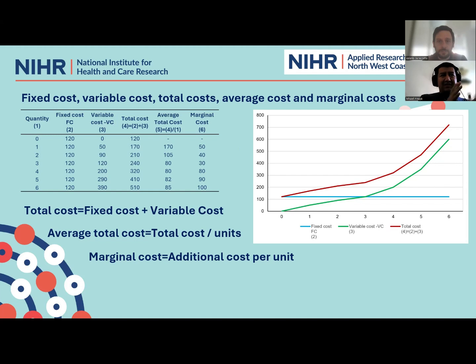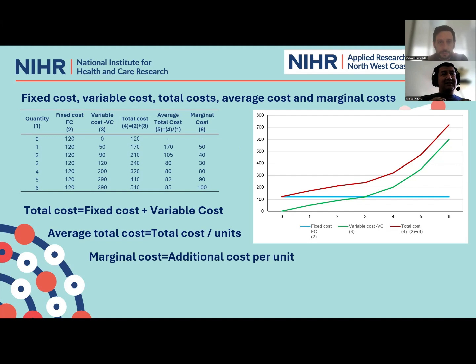Up to here, everything is pretty straightforward. What could be a bit new here is the concept of marginal cost. The marginal cost is the cost of the additional product that is incurred. For example, in this simple example, for the first quantity unit, the total cost is 170, and for producing 2 units is 210.